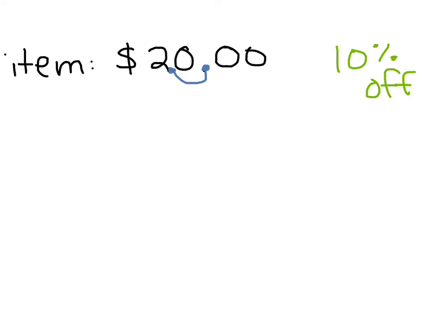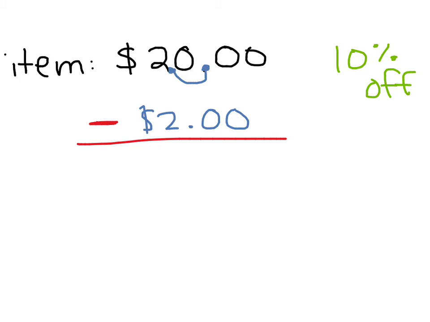So 10% would be $2. Remember it's a discount, so that $2 will subtract from that 20. So 20 minus 2, that item is $18 then. So 10% doesn't do a lot, but it does take a little bit of money off.